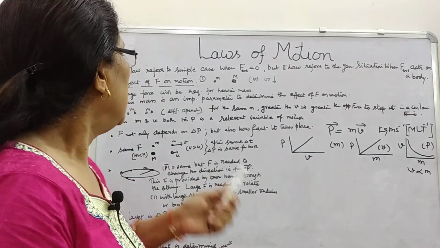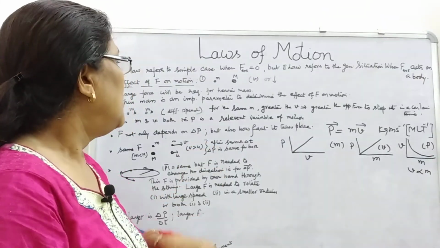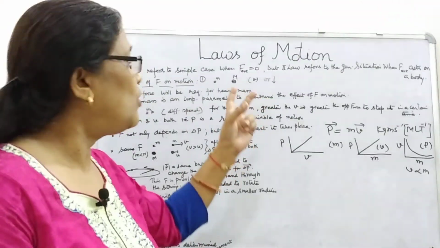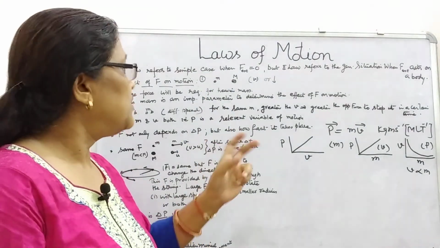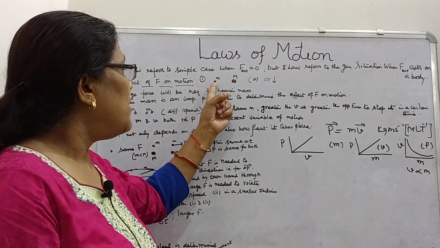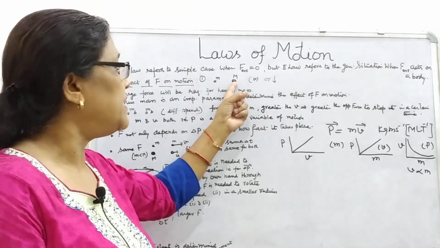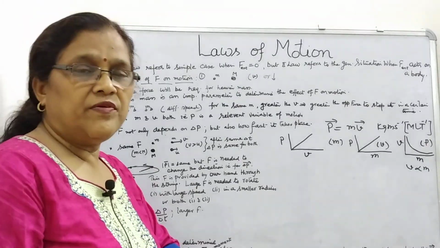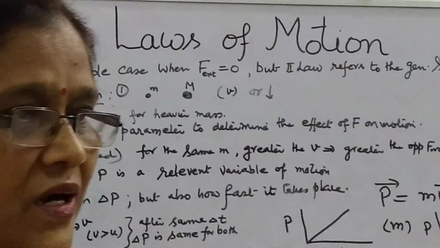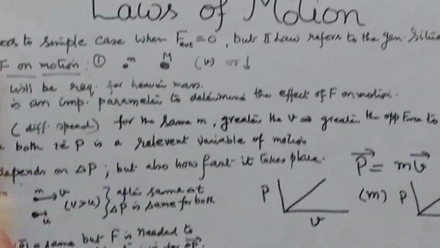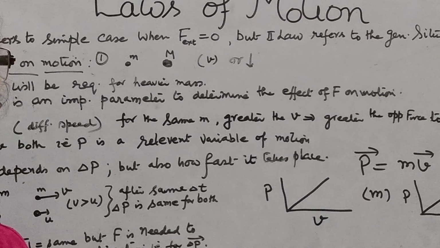What about the effect of force on motion that we can learn? Look, we take two objects of different masses. Suppose small m is the lighter mass and capital M is the greater mass. If they are to be driven with the same velocity, you have to apply some force.